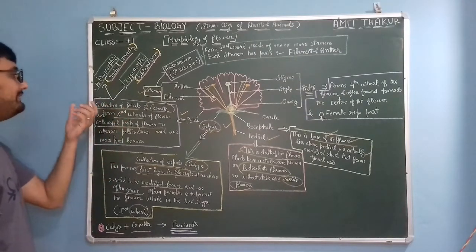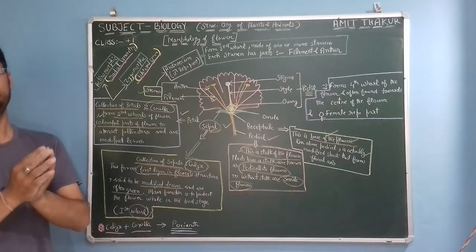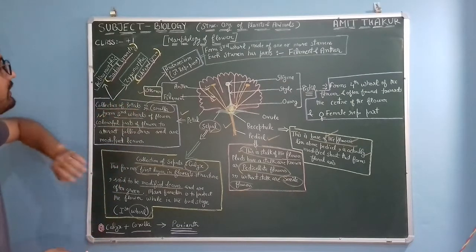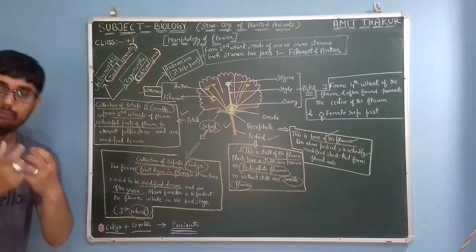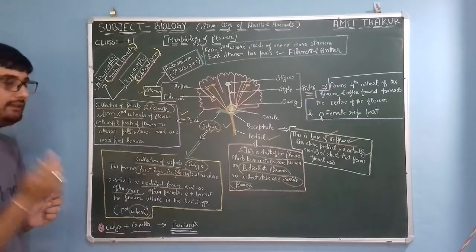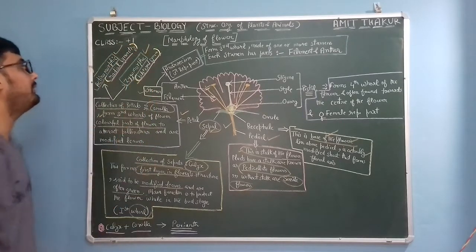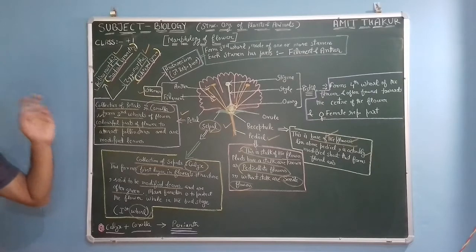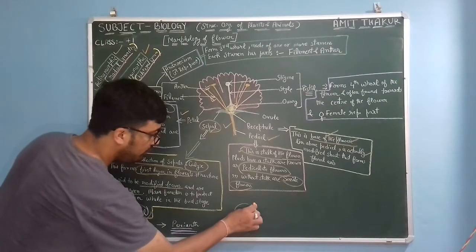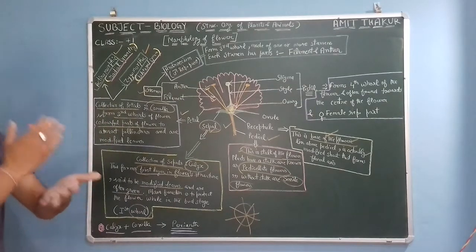Okay, so these petals actually form different symmetry. Symmetry यानी हम उसको कैसे dissect कर सकते हैं. So they do form different symmetry. On the basis of the arrangement of petals in a flower, there are two types of flowers: either actinomorphic flower or zygomorphic flower. Actinomorphic flowers have radial symmetry. Radial symmetry means कि आप लोग equally उसको 3 या 4 equal parts में divide कर सकते हैं, उसको काट सकते हैं flower को.